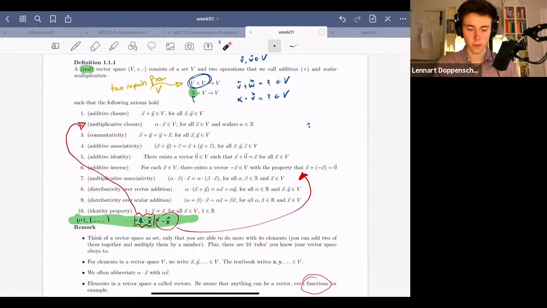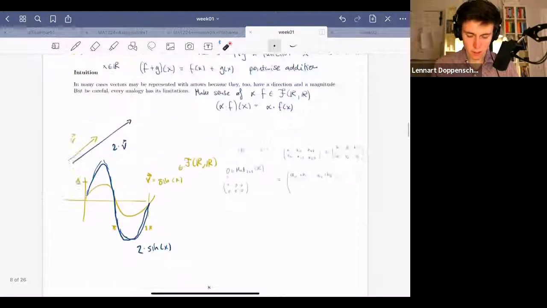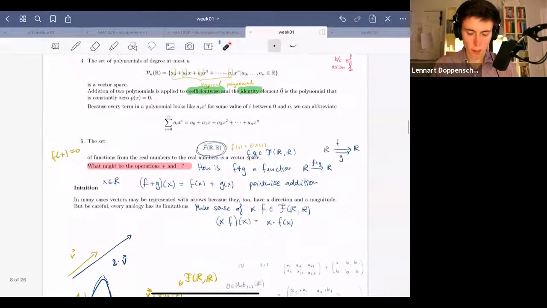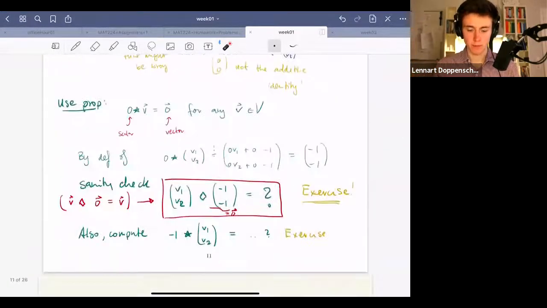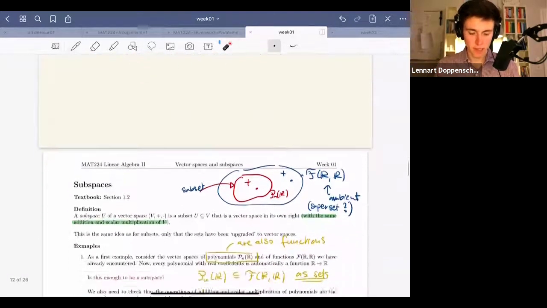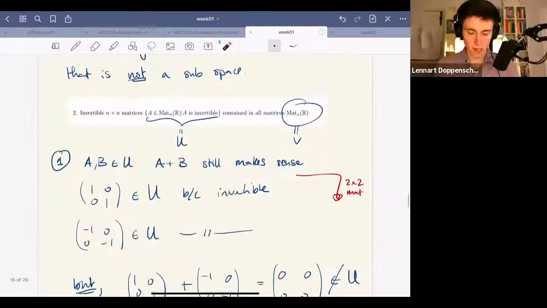Oh, okay. So if you want to prove something is a vector space, as in the previous question, the set of functions, then you need to go through all the 10 axioms. If you start from scratch, this is what you need to do. However, if you have a vector space given, so you already have something to start with, and you have a subset, then it's easier to show that it's a subspace.